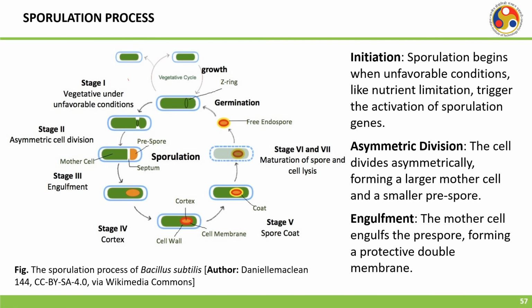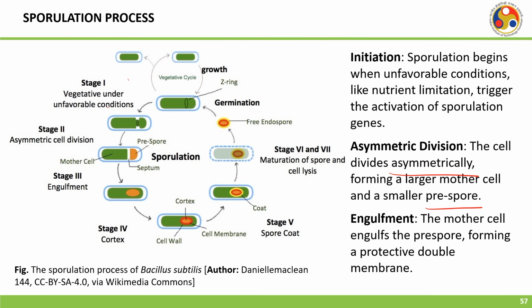Then it moves to the next phase, stage 2, the asymmetric division. Here the cell divides asymmetrically. You can see here one cell is bigger and another cell is smaller. So, in stage 2 we have asymmetric cell division: the larger mother cell and the small pre-spore.